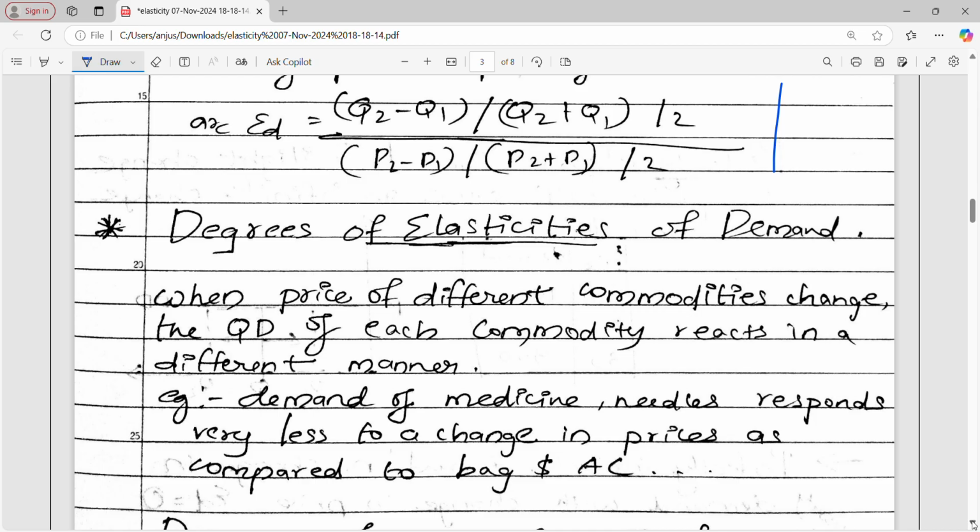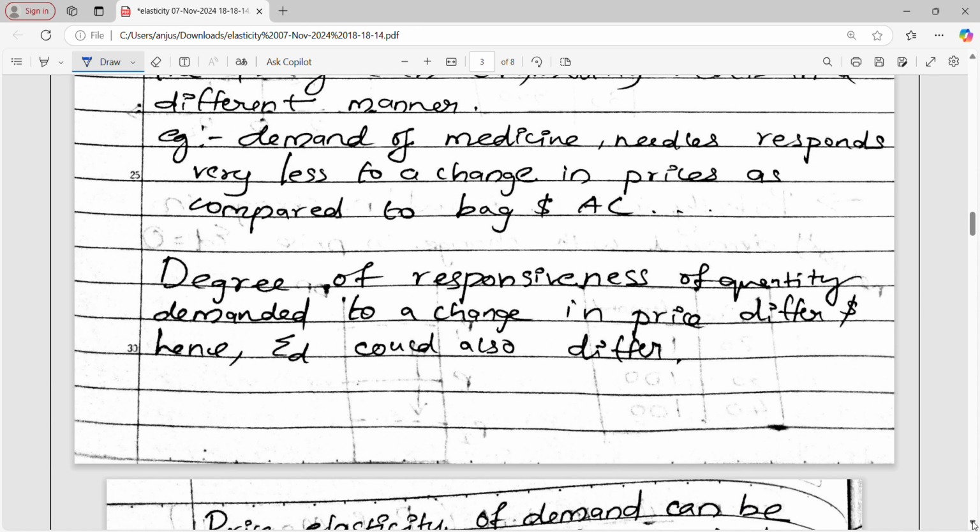But when you come to the case of an AC or bag or any pen, if the price decreases a little bit, there will be more consumers, and more quantity will be demanded because it's a useful thing for all, irrespective of their health. So that is why we speak of degrees of elasticity.